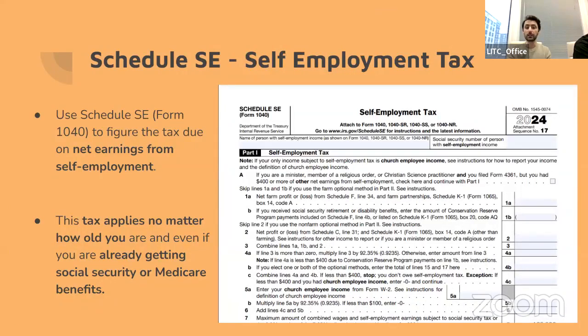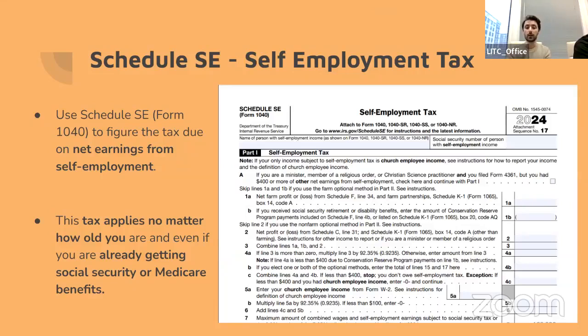Moving on to the self-employment tax, this is the unfortunate form that takes away your hard-earned money. This will be on the net earnings of your self-employment, and as we've said, $400 or more, you're going to have to submit this. You have to pay these no matter how old you are, and even if you're getting Social Security or Medicare benefits.